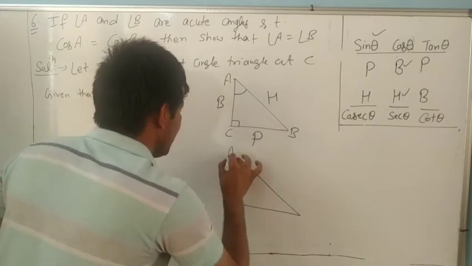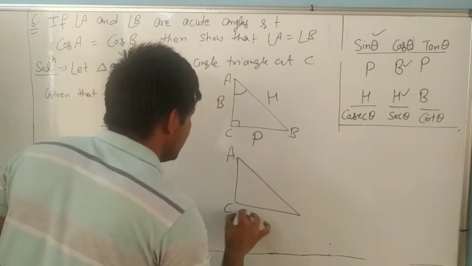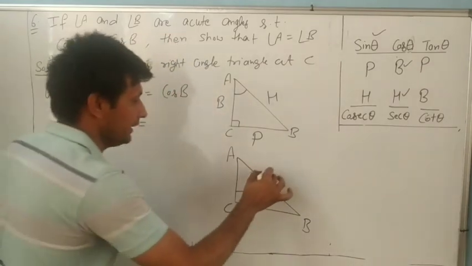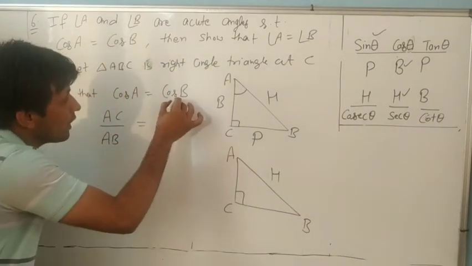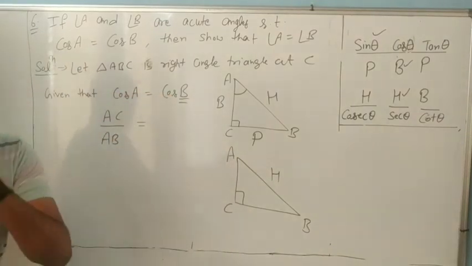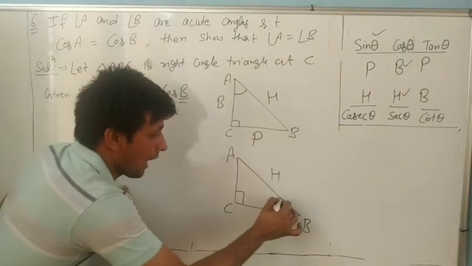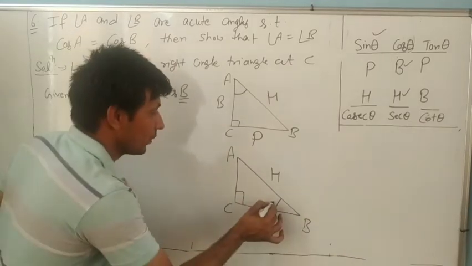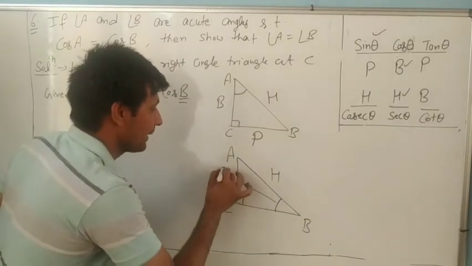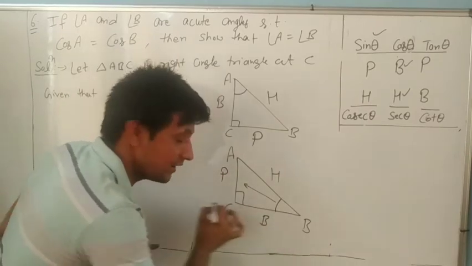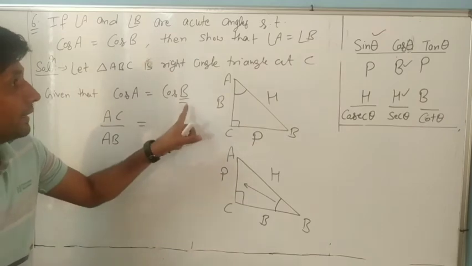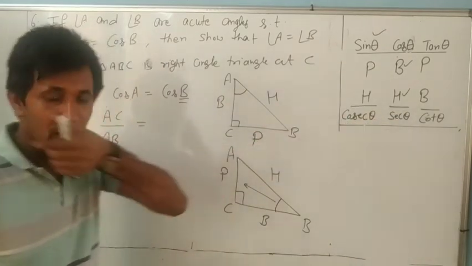Equal to, look now: it is A, it is C, it is B, and it is 90. Opposite of 90 is the hypotenuse. Now the angle is B. The opposite of the angle is always the perpendicular, so now the other side is the base. They are changed. So cos B is base by hypotenuse.